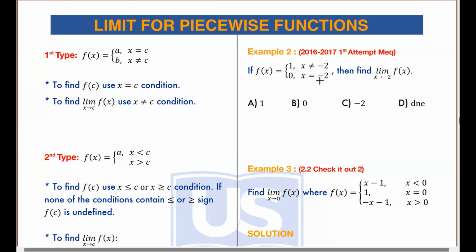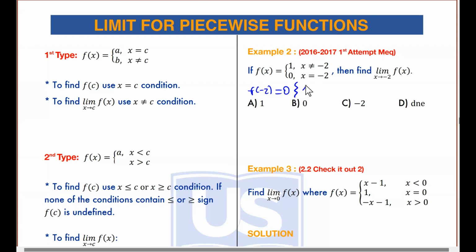If we are asked to evaluate, let's say, f of minus 2, then the answer would be 0. We look at the equal condition if we are asked to find the value of the function at the given point.